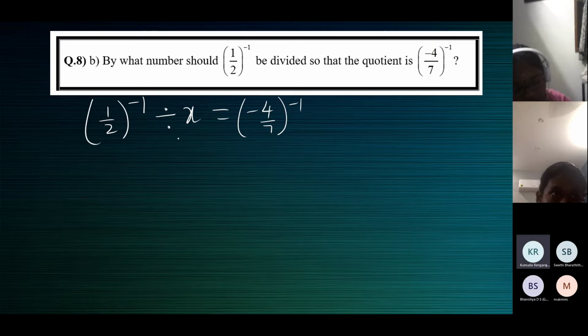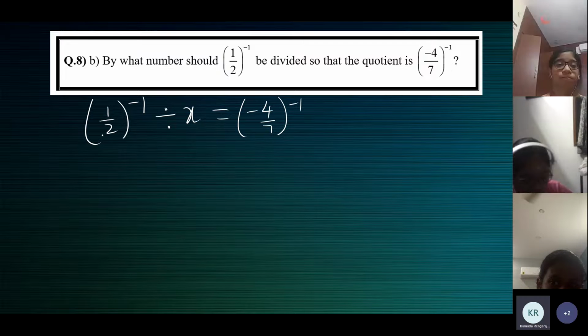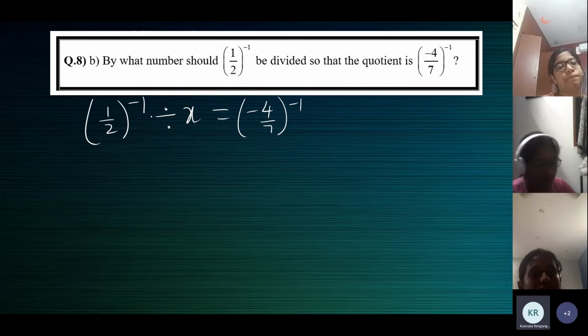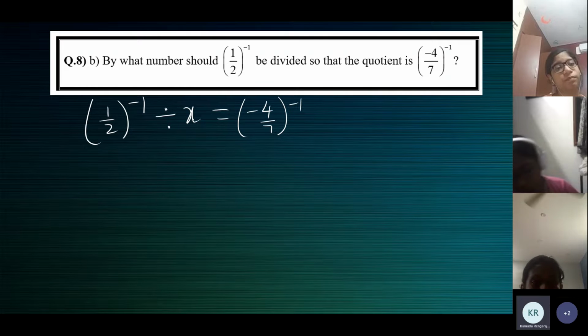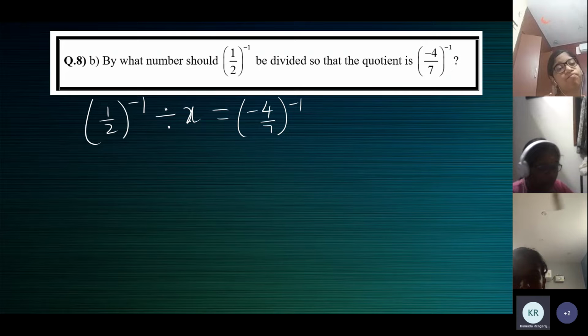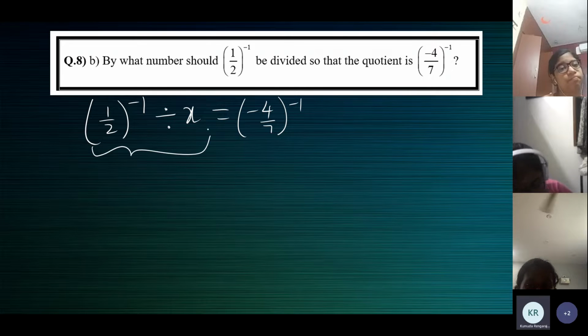What we need to understand here is division is not commutative. (1/2)^-1 divided by x is not the same as x divided by (1/2)^-1. So it's divided by x. When you're transposing from the LHS, you can only transpose x to the other side.